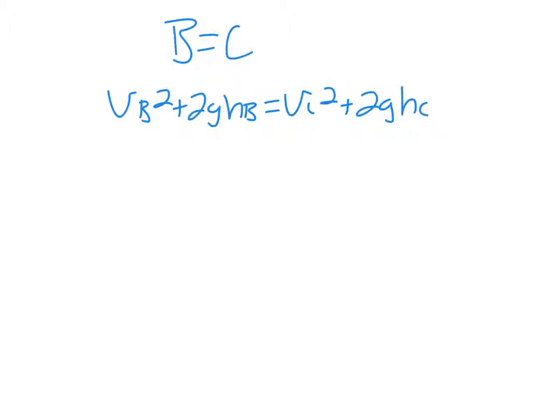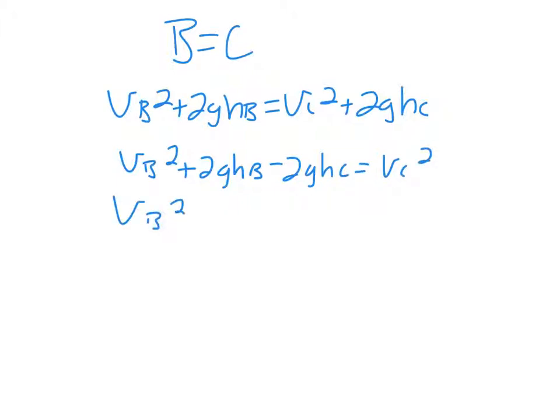And let's say I wanted to solve for VC, assuming I already had VB. VB squared plus 2g height at B minus 2g height at C equals VC squared. VB squared plus 2g times height B minus height C equals VC squared.